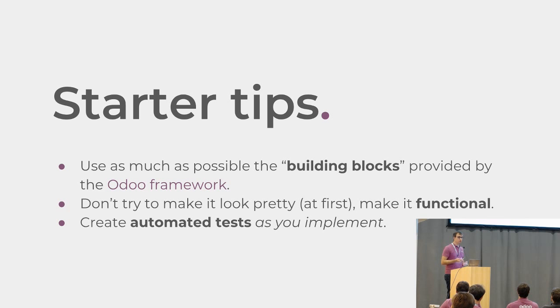And also, we try to add automated tests right in the beginning, if it's possible, really as soon as possible. Because even if you need to change them later on, they will give you some kind of safety, really, even in the beginning.